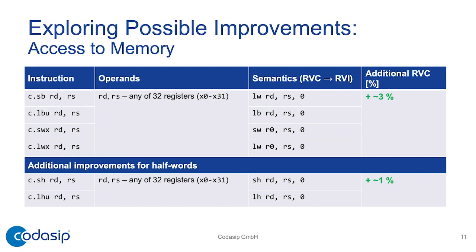So it's not limited to 8, but it can be any register that RISC-V has. And we got about plus 3% additional C instructions. Now, the half is very dependent on the application. Thanks to the customer code base that we got, the half was reasonably used, so we got another plus 1.